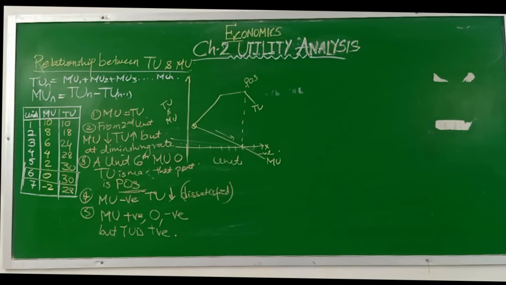That point is said to be a point of satiety. That means the consumer is fully satisfied. After the 6th unit, if we try to give more units to the consumer, MU will become negative because he is dissatisfied, and TU will decline.